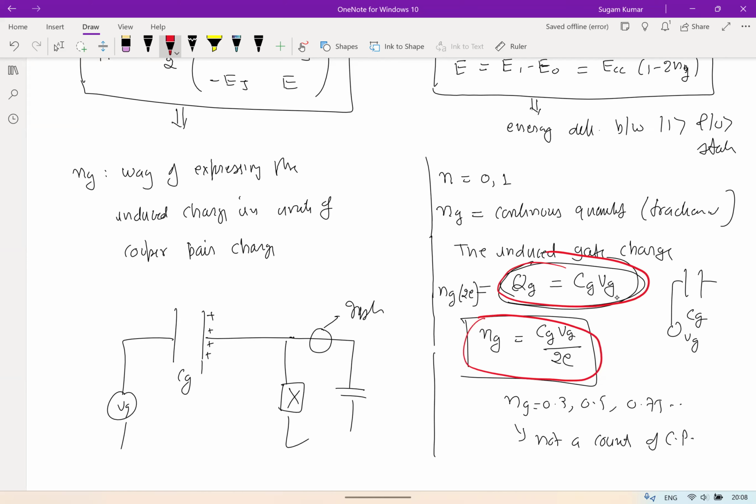That's the reason I'm telling you this is in terms of a unit of Cooper pair charge. So you can divide by 2E and then you can find this Ng. So even if the QG becomes E, correct? You can see the number of charge on the surface of the plate is E. Then tell me, what is the value of Ng?